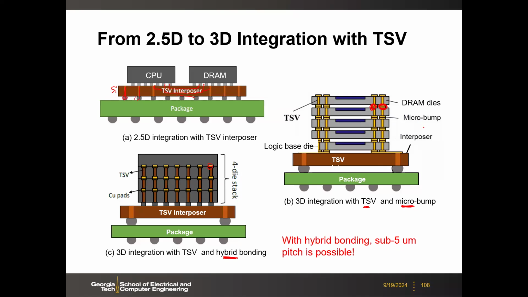So here with the micro bump, you are talking about like 20 to 30 micrometers in terms of the pitch, the distance between the adjacent TSV. So the hybrid bonding is the next generation in terms of the resolution of the pitch.